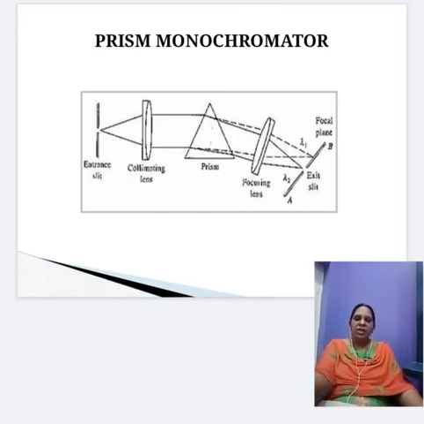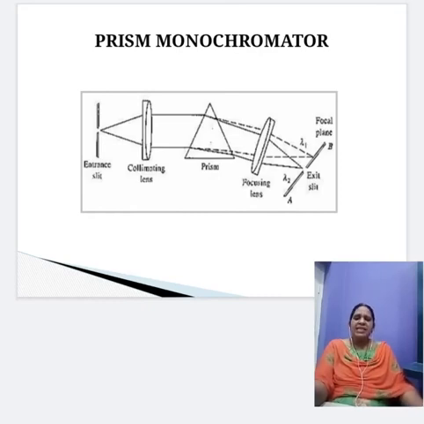It provides a narrow image of the radiation source. It has a small aperture there. You can observe in the figure, the entrance slit has a very small aperture. So it provides a narrow optical image of the radiation source. Then the next one is the collimating lens you are using.